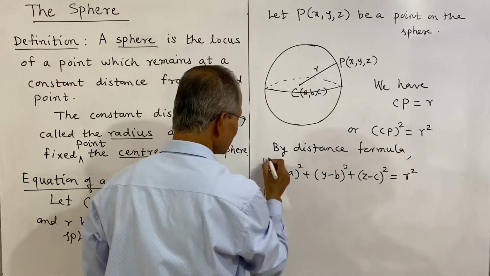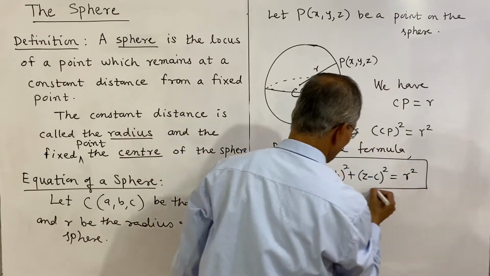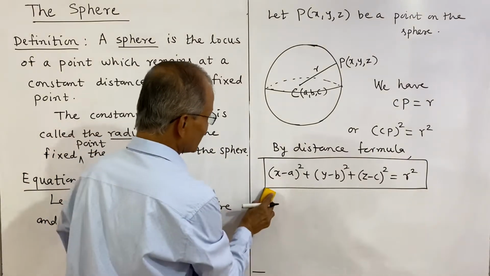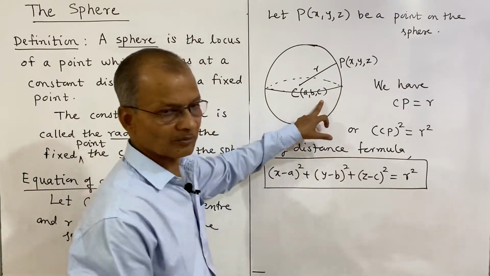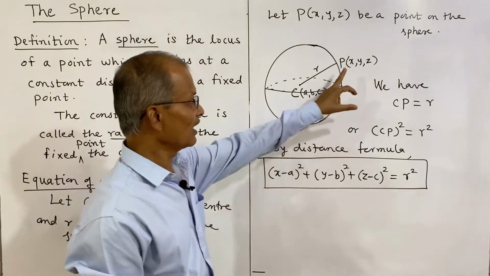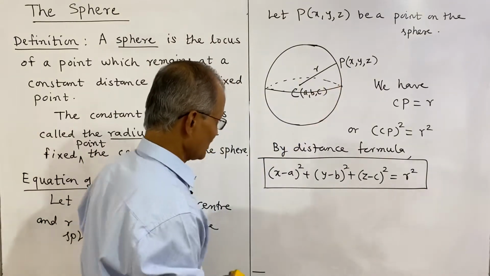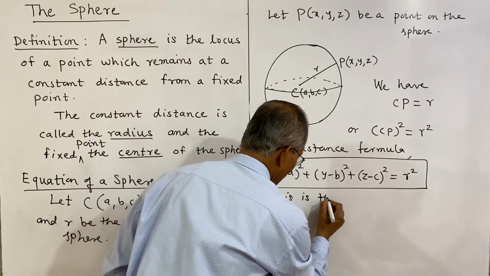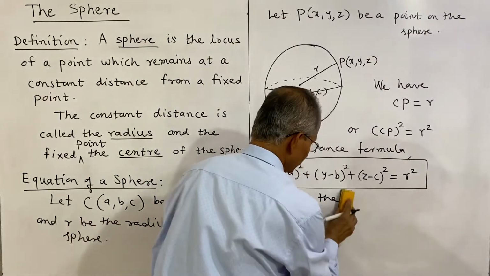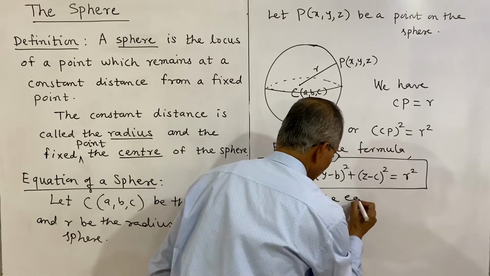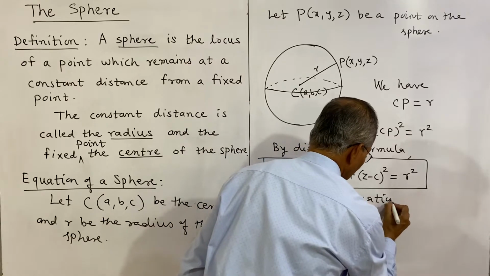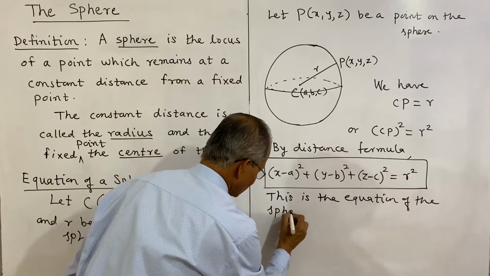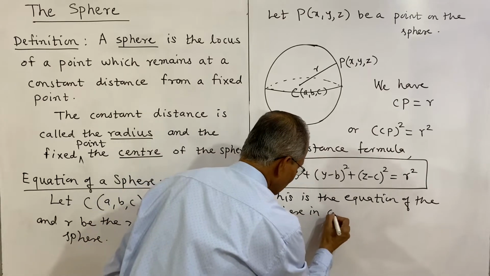Actually, this is the equation of the sphere in center-radius form, where the coordinates of the center are a, b, c, and the radius is r. So this is the equation of the sphere in center-radius form.